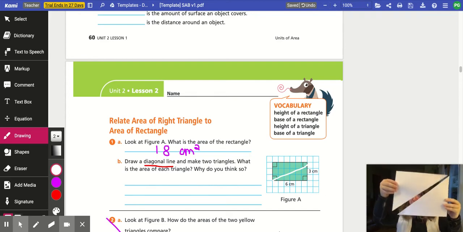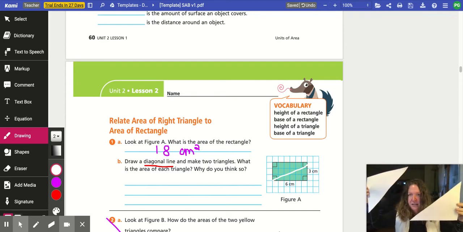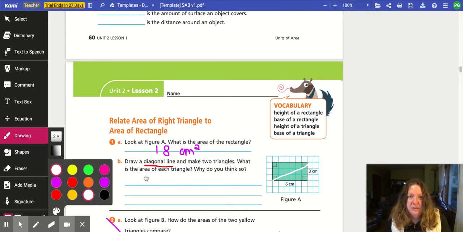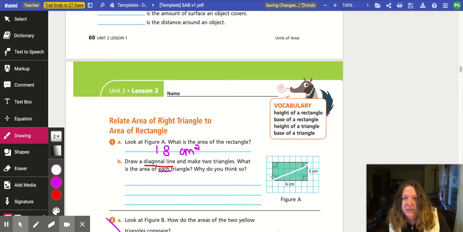When you take a rectangle and you cut it on the diagonal, one of the triangles is half of the whole thing. So when it says, what is the area of each triangle, we're talking about the area of this one triangle.